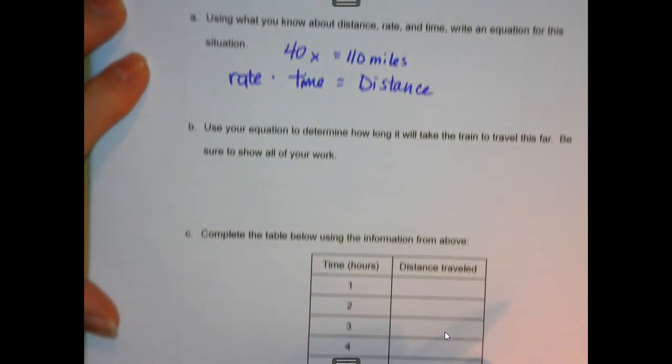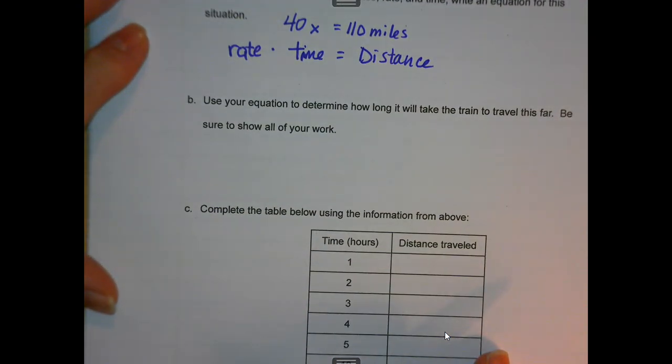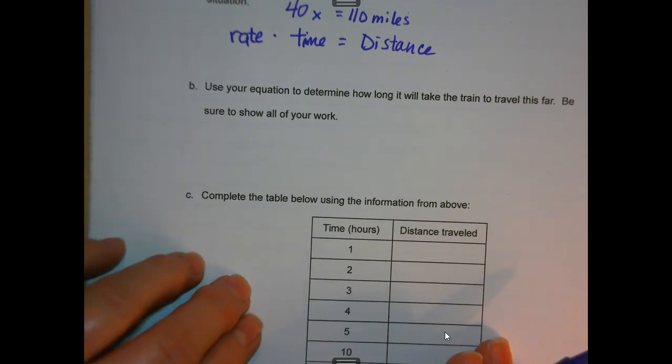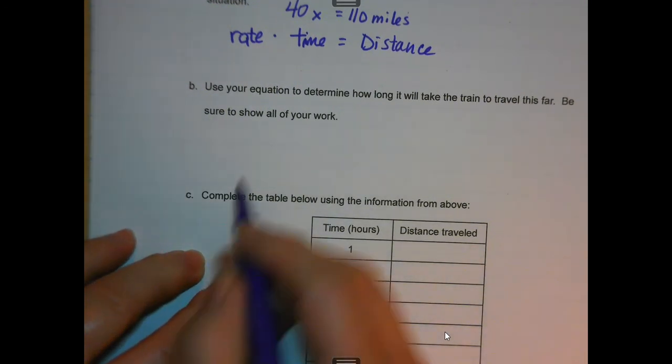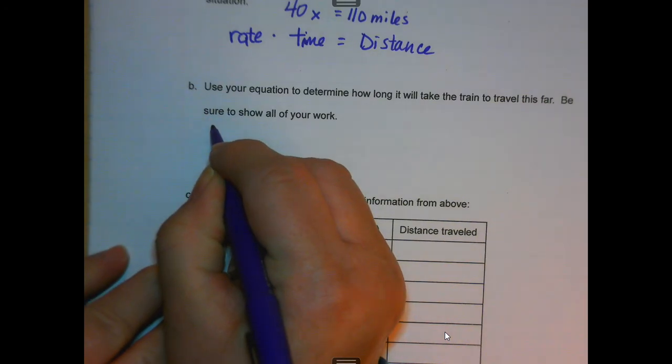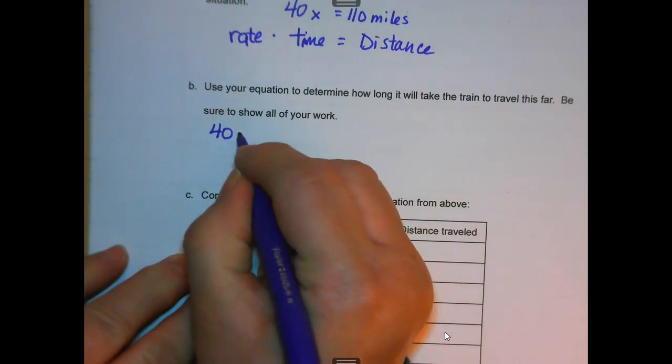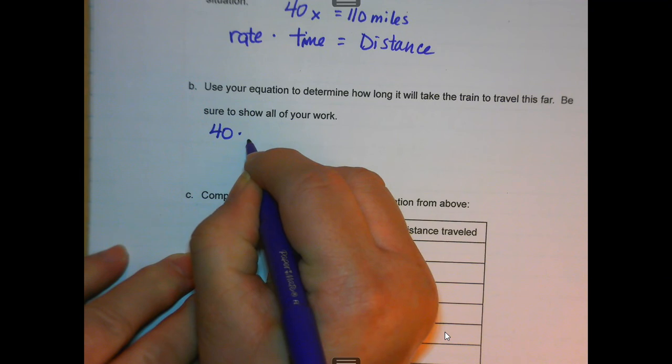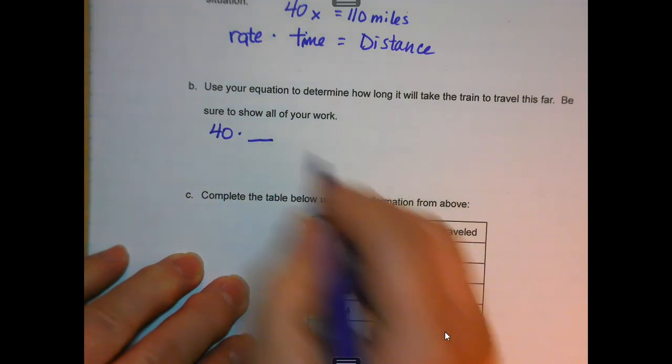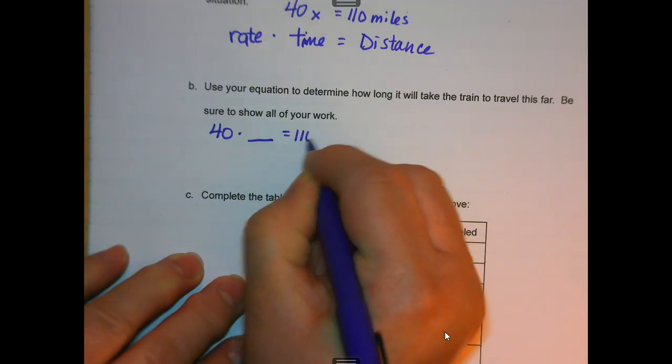And if we were going to use our equation to determine how long it would take the train to travel, we would start by rewriting the equation. 40 times something, now we could leave that as an x if we want, equals 110.